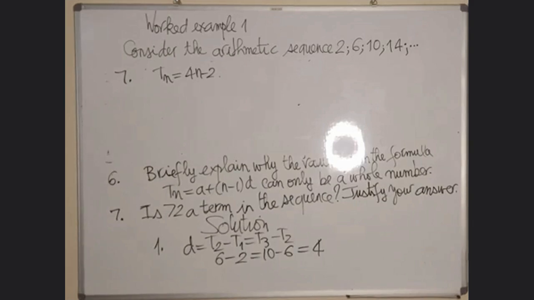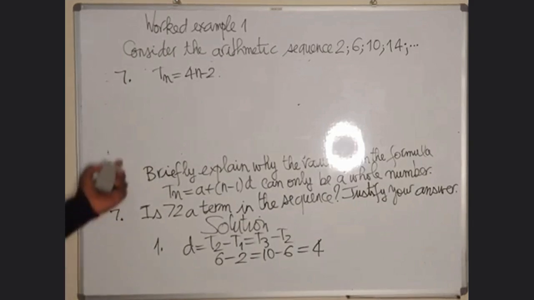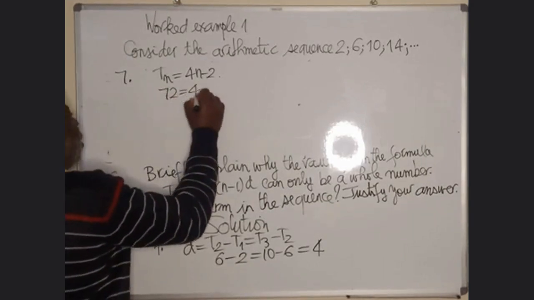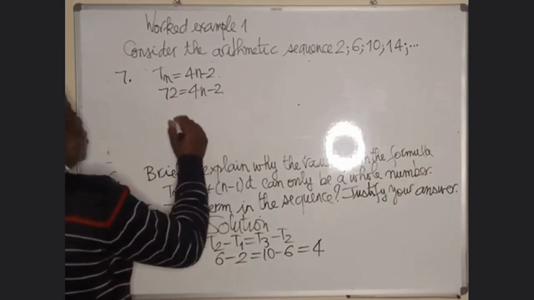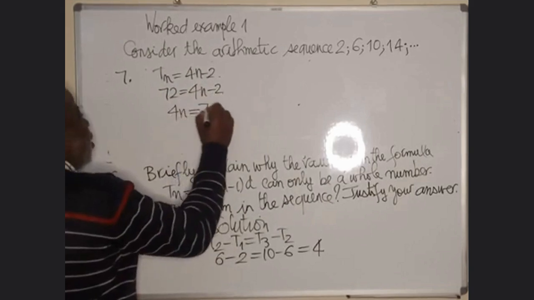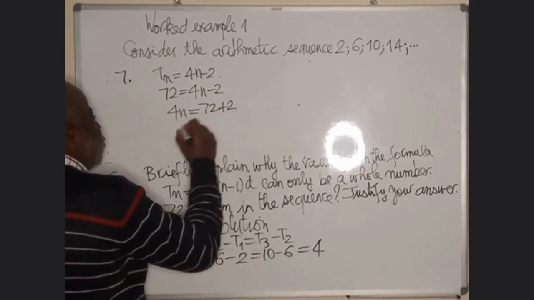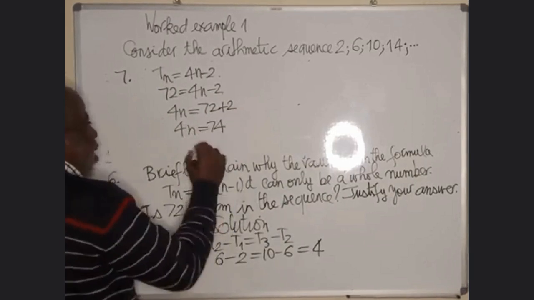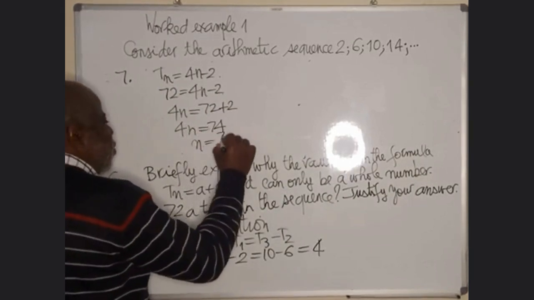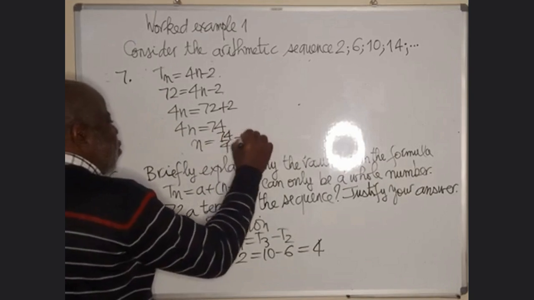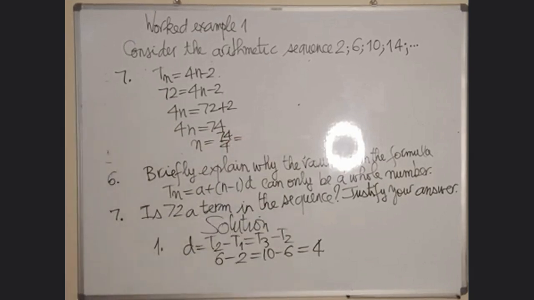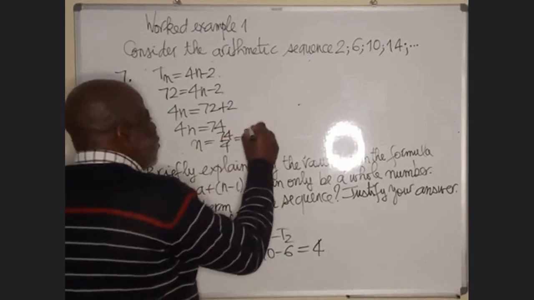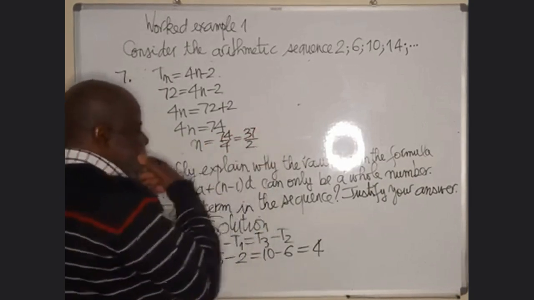So we're going to replace Tn by 72. 72 will be equal to 4n minus 2, and 4n will be equal to 72 plus 2. 4n will be equal to 74, and n will be equal to 74 over 4. We're going to divide by 2, then we get 37 over 2.